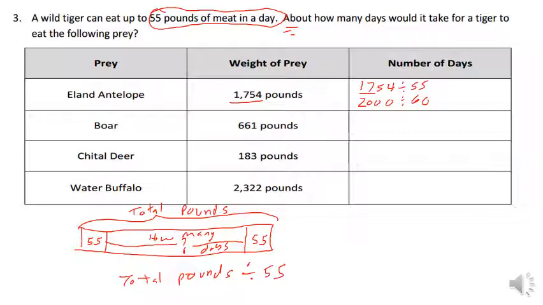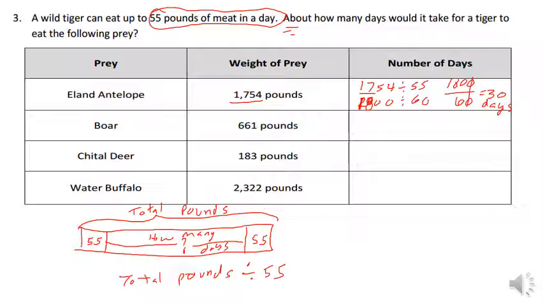The closest multiples of 6 are 12, 18. So I'm going to make this a compatible number of 1,800. So now when I take my 1,800 divided by 60, take out our zeros, I have 180 divided by 6. 18 divided by 6 would be 3 and a 0. So it would be 30 days to eat an antelope.